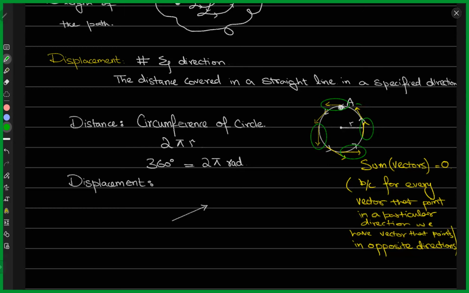Similarly, this one and this one. Of course, the drawings are not completely accurate, but we can draw as many vectors as we like, and for every vector there will be a vector which points in the opposite direction. And this is always true if you start and end your journey at the same point.